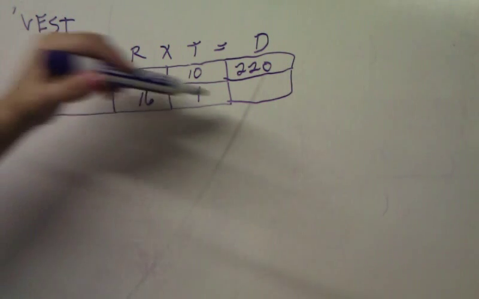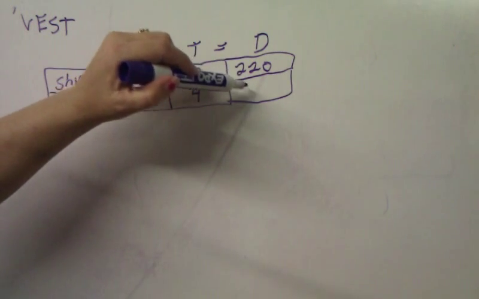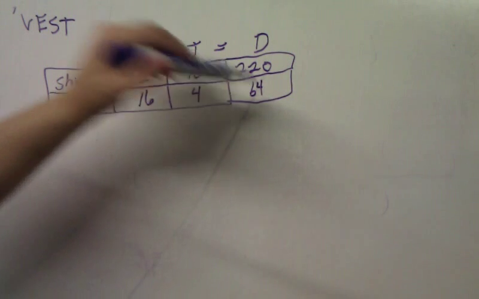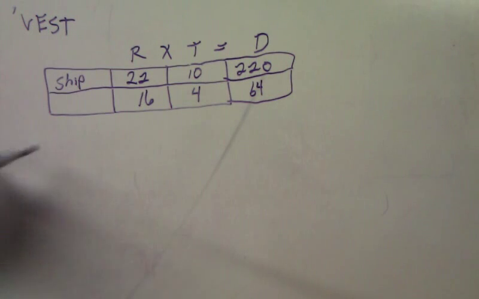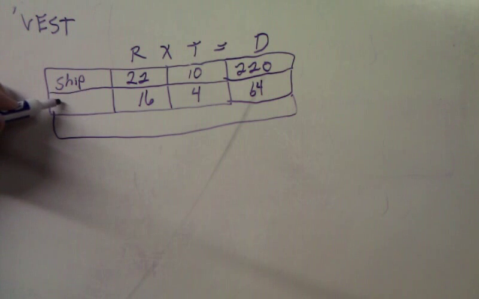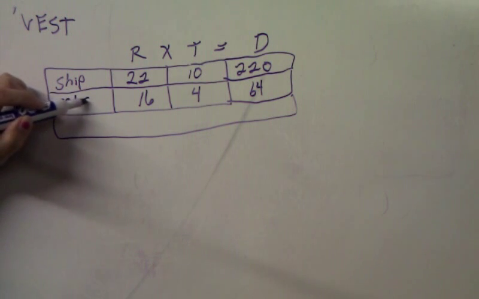This is going to be 16 times 4 is 64. It wants to know what should the speed be for the rest of the trip to keep the ship on its schedule. I'm going to put reduced speed.